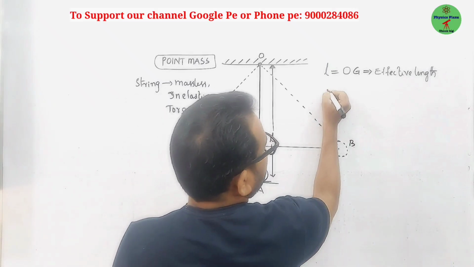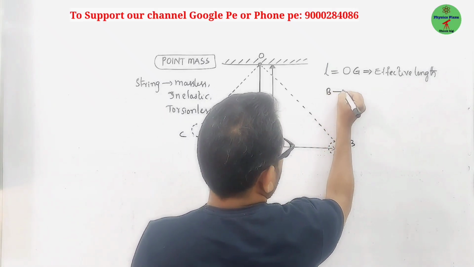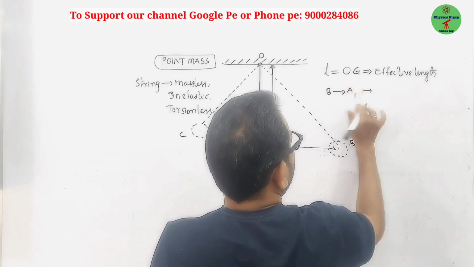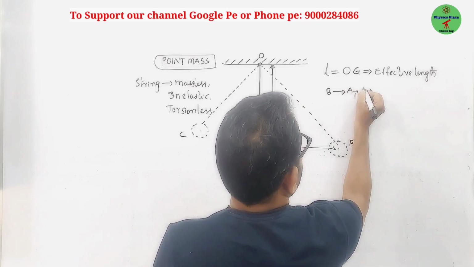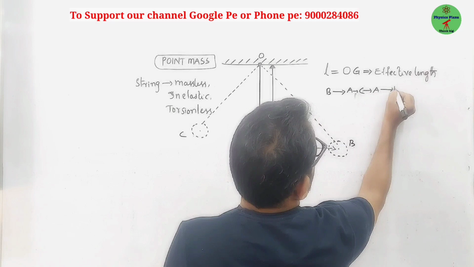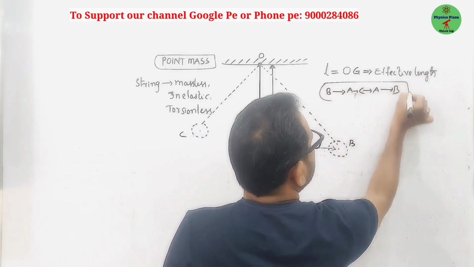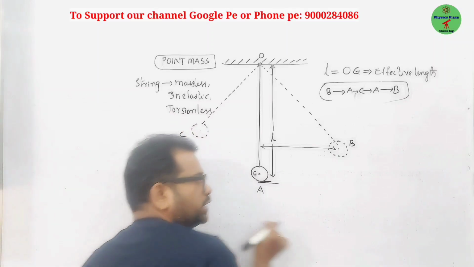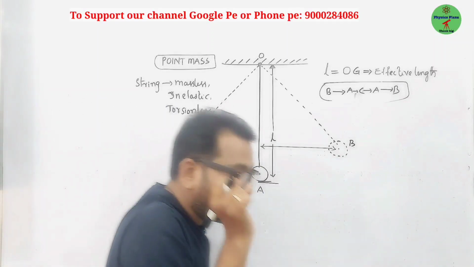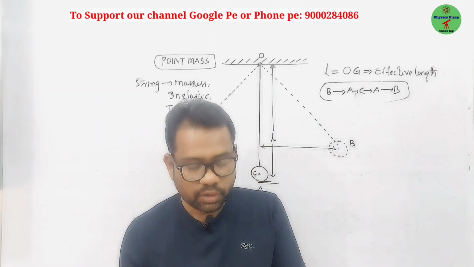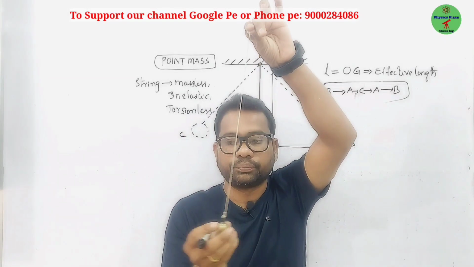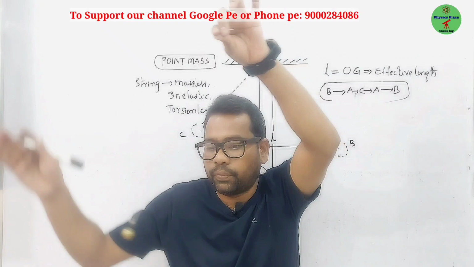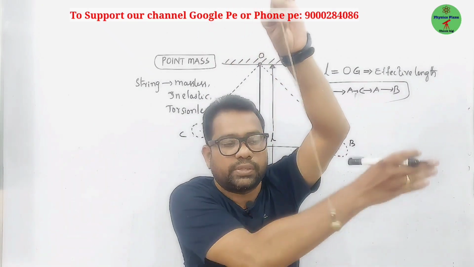It goes from B to A to C, and again from C to A to B. This is one complete to and fro motion of the bob of the pendulum, and we call it one oscillation.